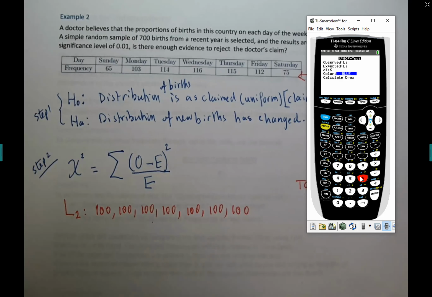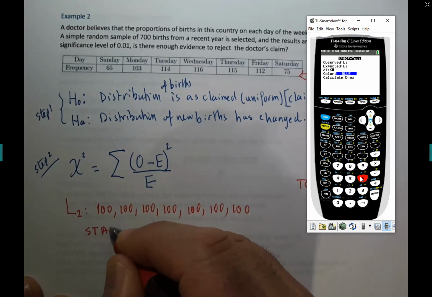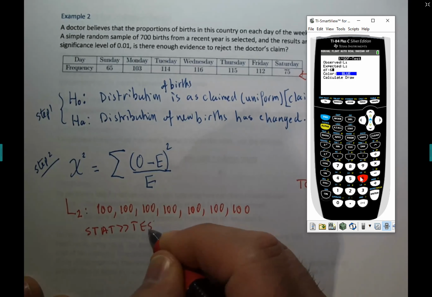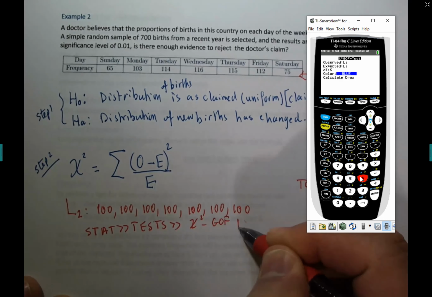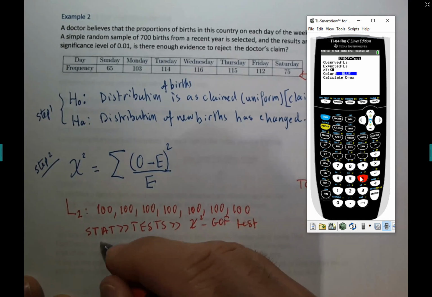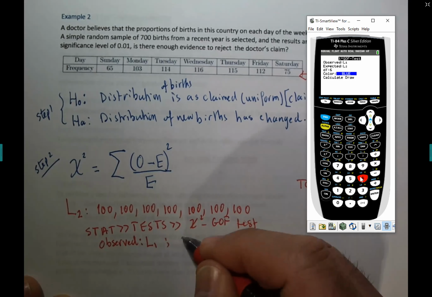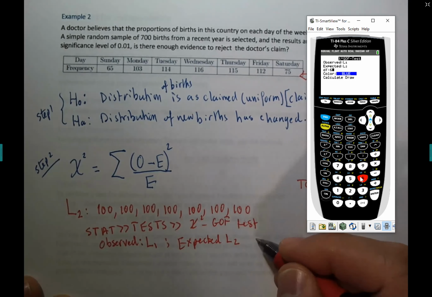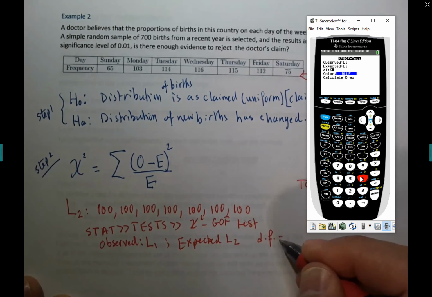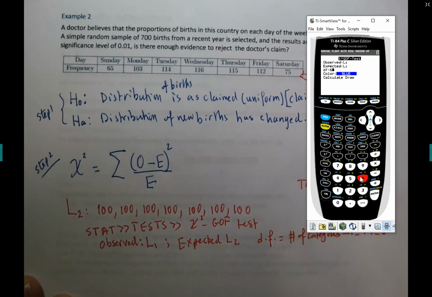So you go to Stat, Tests, chi-square goodness of fit test, observed L1, expected L2, and degrees of freedom is number of categories minus 1, which is 7 minus 1, which is 6, guys.